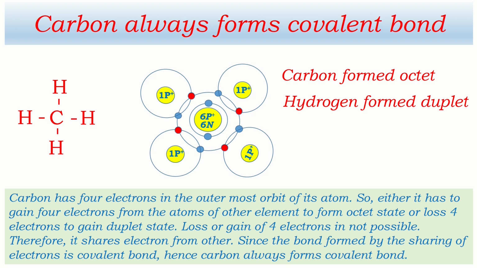Loss of 4 electrons is not possible because the strong attraction force of protons requires a huge amount of energy for this. And gaining 4 electrons is also not possible because the attraction force of 6 protons is not enough to hold 10 electrons in the orbit. Therefore, it shares electrons with others. Since the bond formed by the sharing of electrons is a covalent bond, hence carbon always forms covalent bonds.